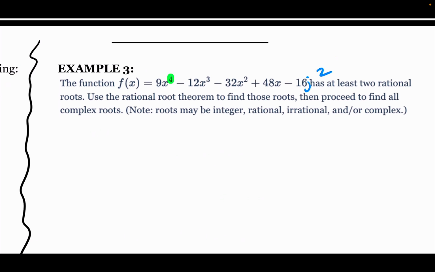Just because I have 20 people apply for one job doesn't mean I have to go through all 20. I just have to go through everyone until I find a person that I like. Do I already know someone I like? 2. So let's start with 2. I like 2.